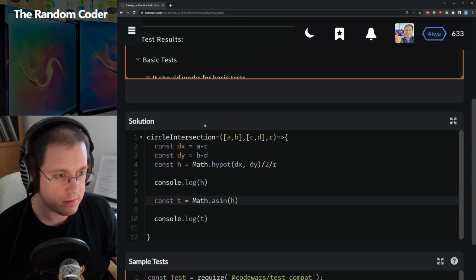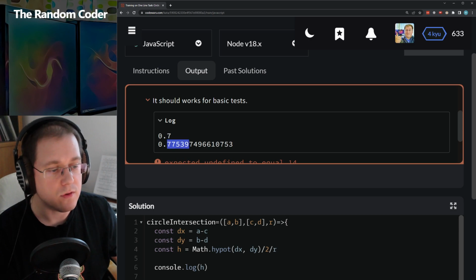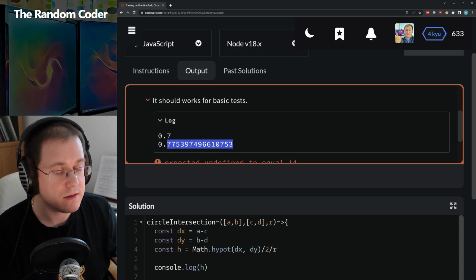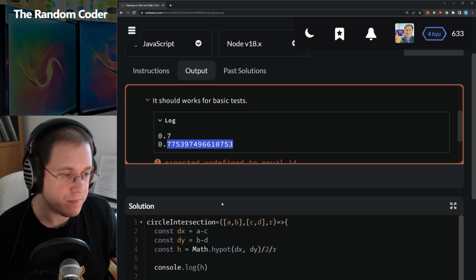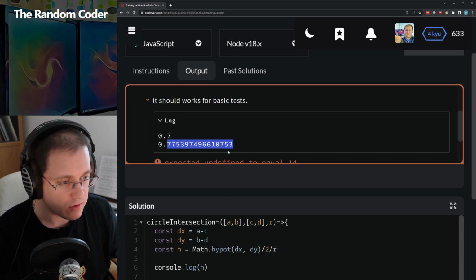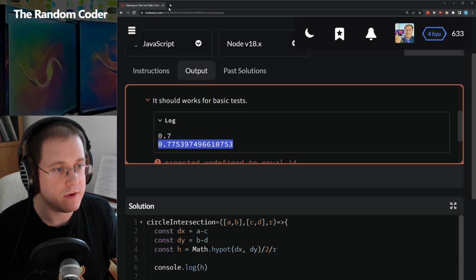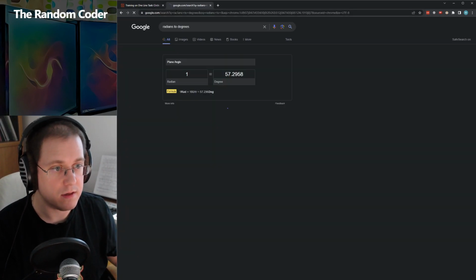Where does that go? I'm zoomed in, maybe that's okay. 0.7. And of course, degrees. Yeah, the trigonometric functions in JavaScript by default use radians rather than degrees. So I wonder what that is in degrees. Radians to degrees.